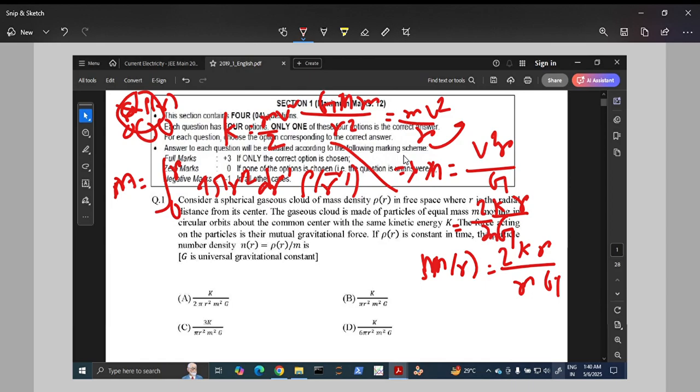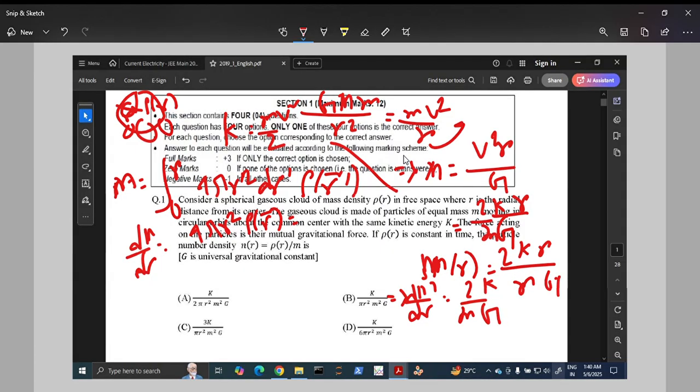If we take the differentiation dM by dr, I am getting 4 pi r squared rho(r). And from the other equation I am getting dM by dr is equal to 2K by m G. Just equate these two equations.